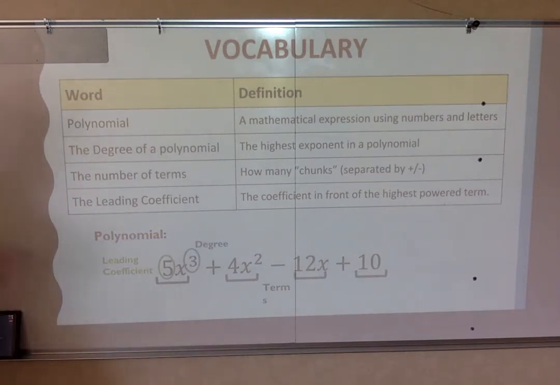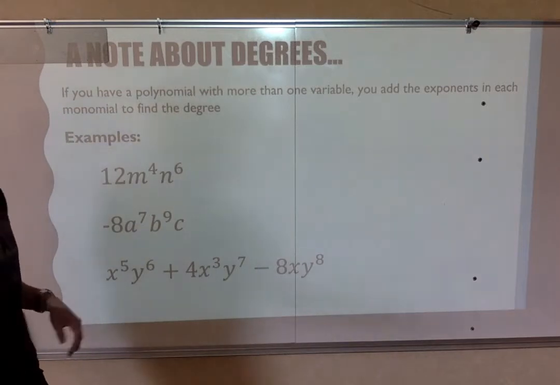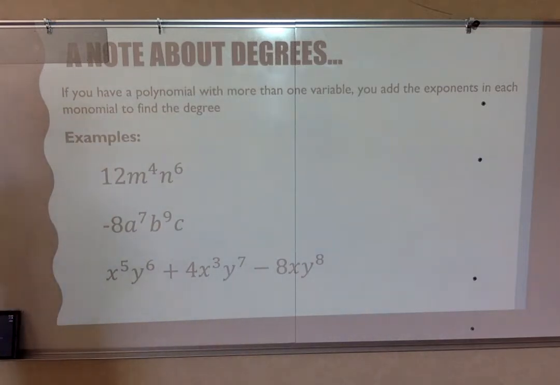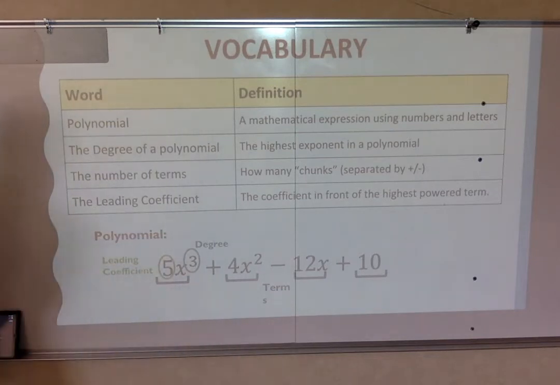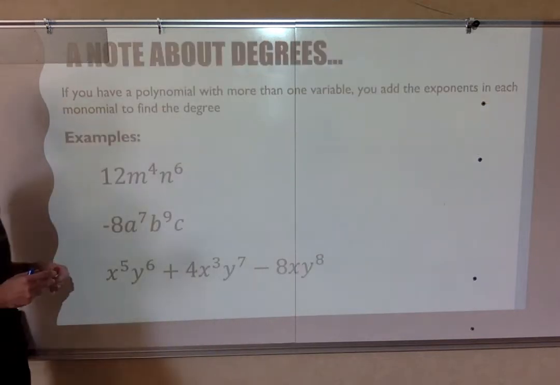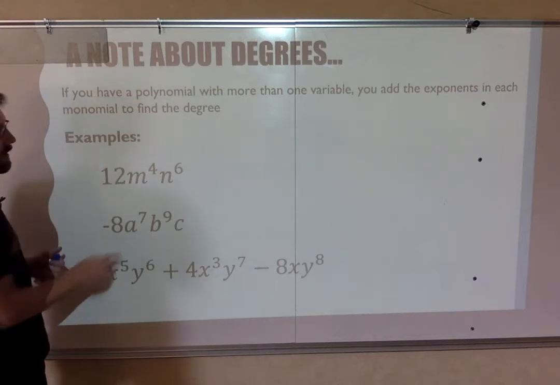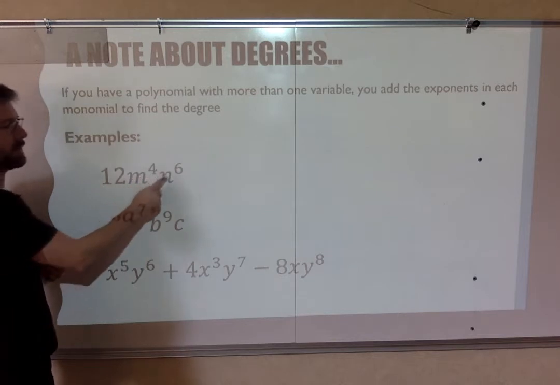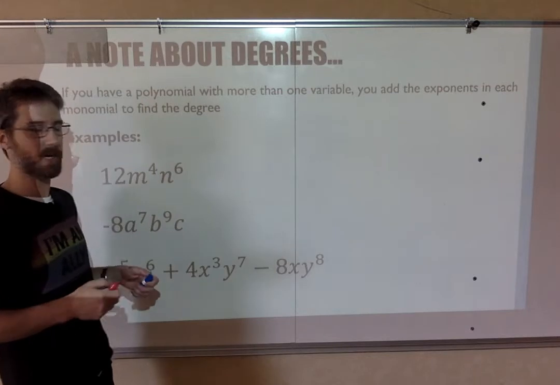Okay, so when it comes to degree, there is one little exception here, and it's when we get into multivariable things. So as a quick example of that, how do we find the degree when there's more than one variable? In the previous one, the only variable was x, so the degree was a little easier to find. If it's more than one variable, think about what happens when you multiply exponents, when you learned about that in Algebra 1. If I said this was x to the 4th times x to the 6th, it would make x to the 10th. Well, we do kind of the same thing when we're talking about degree.